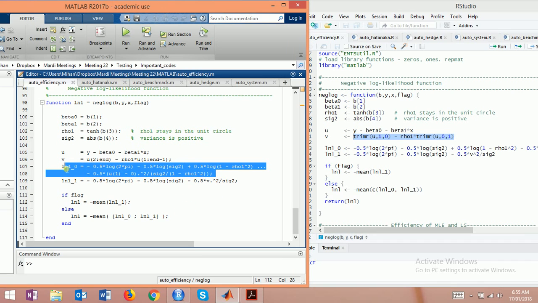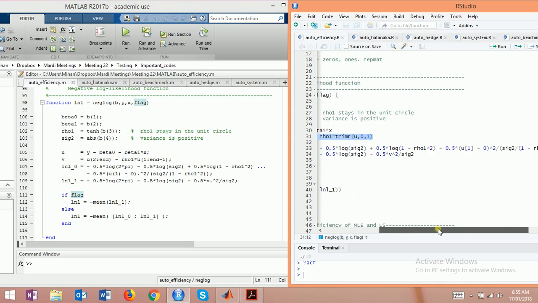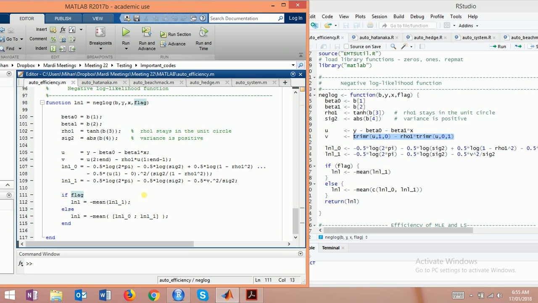Then the exact, full maximum likelihood estimation is computed with t equals 1 and t greater than 1, just like before. No tweaks here. Then the flag decides in one function whether to do conditional maximum likelihood or full exact maximum likelihood.